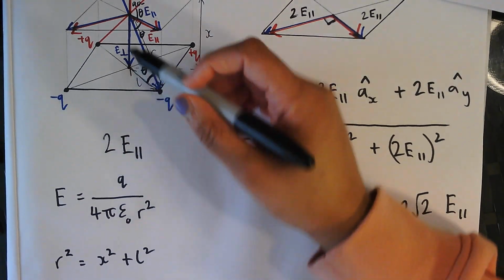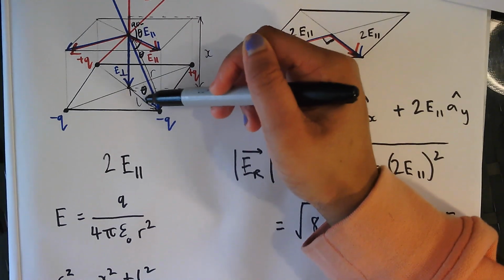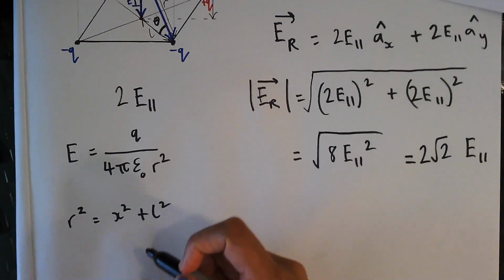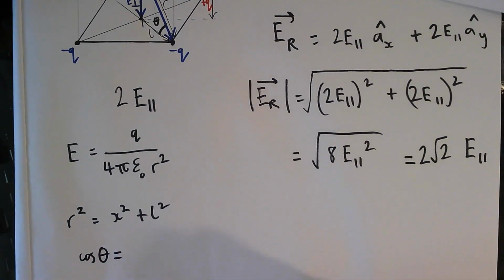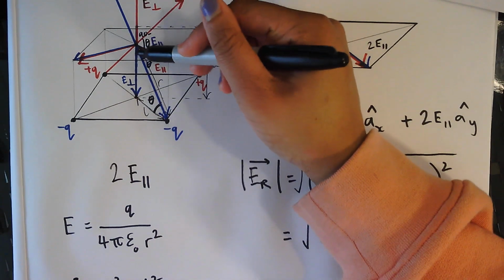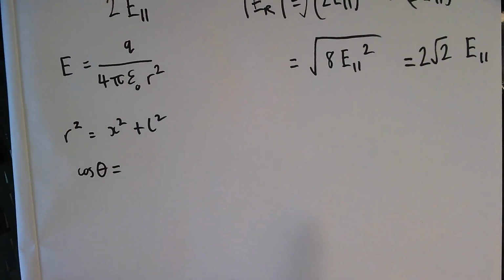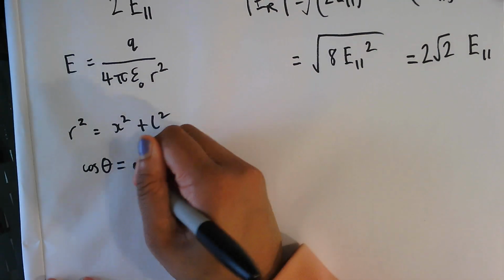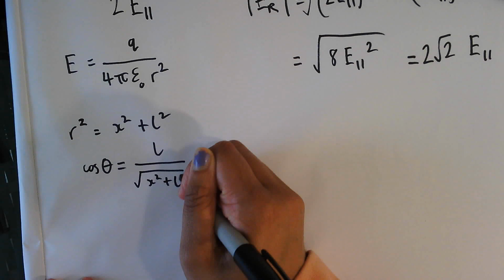And we can see from this triangle that cos theta is equal to L over R. So cos theta is equal to L over the square root of x squared plus L squared.